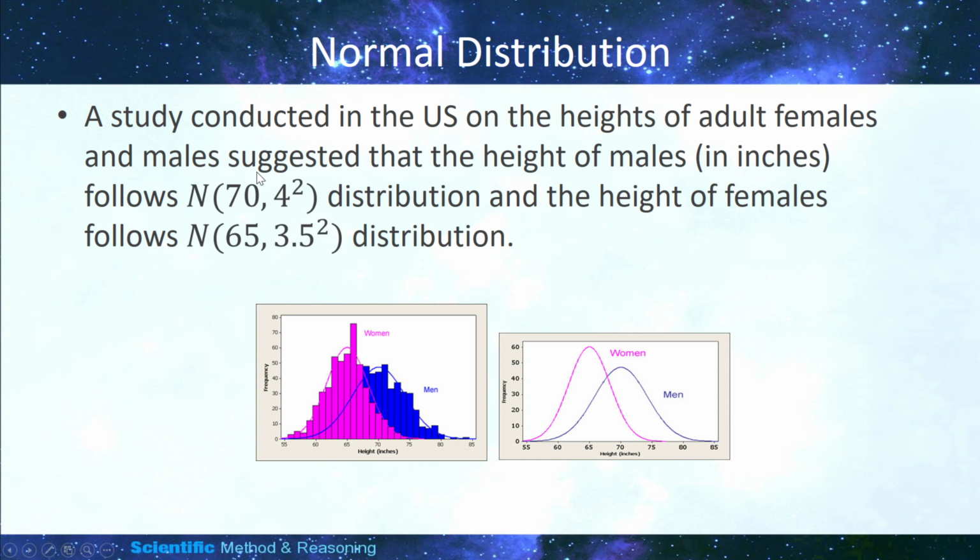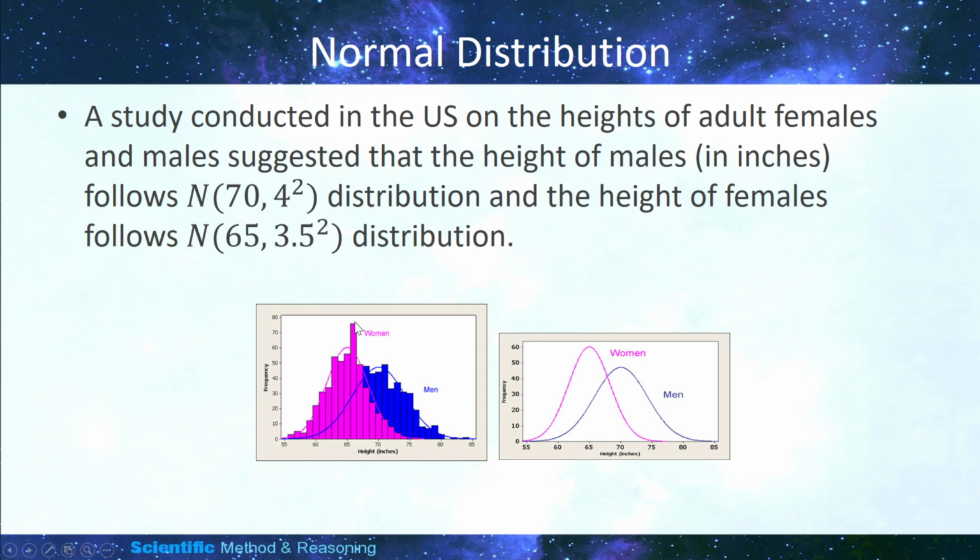For example, a study conducted in the United States on the heights of adult females and males suggested that the height of males in inches follows a normal distribution with mean 70 and variance 16, which is the square of 4, so standard deviation 4. And the height of females follows a normal distribution with mean 65 and variance 3.5 squared.